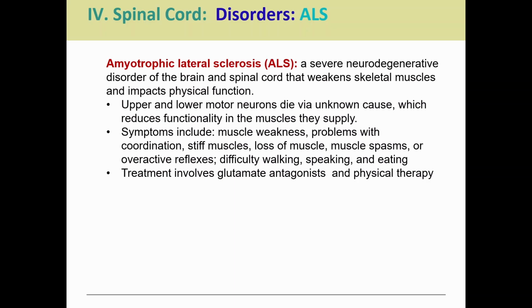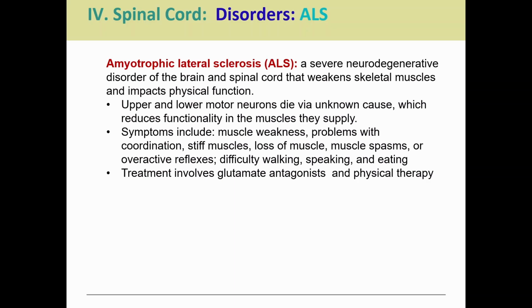And this is because the motor neurons that communicate with the diaphragm, those motor neurons die. And so that person's diaphragm no longer will function, or the motor neurons to some of the intercostal muscles also can die, but usually we're thinking diaphragm. Their diaphragm can no longer function, and so they can no longer breathe.